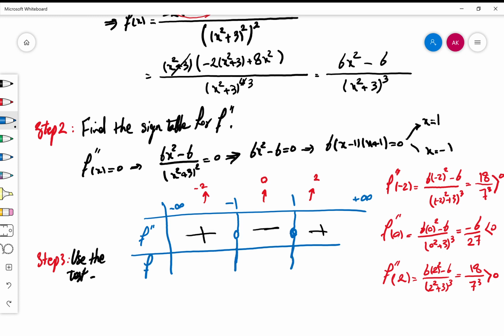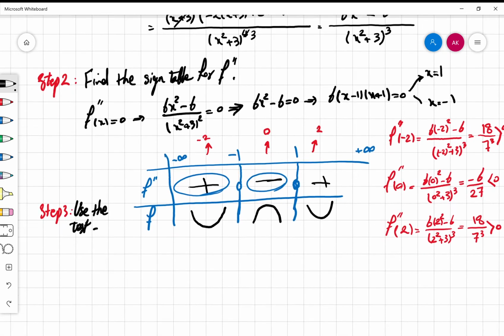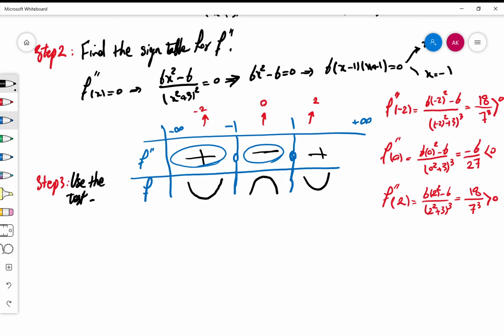Wherever f double prime is positive, f is going to be concave upward. Wherever f double prime is negative, f is going to be concave downward. So then we found all the intervals.